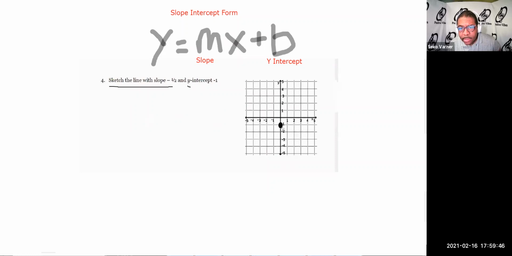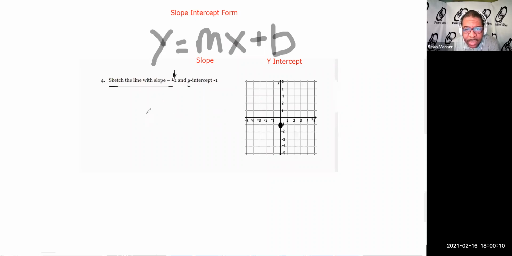So that's your y-intercept of -1, okay? So it asks to draw a line with a slope -1 over 2. So -1 over 2 is a slope.